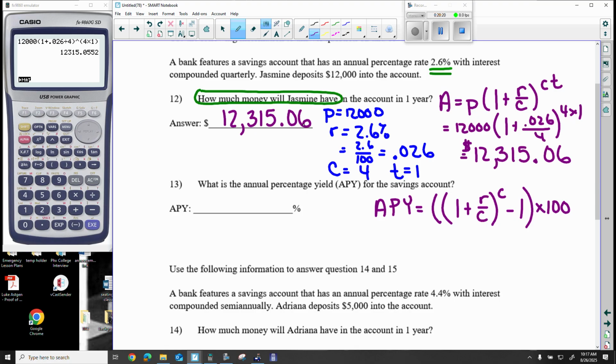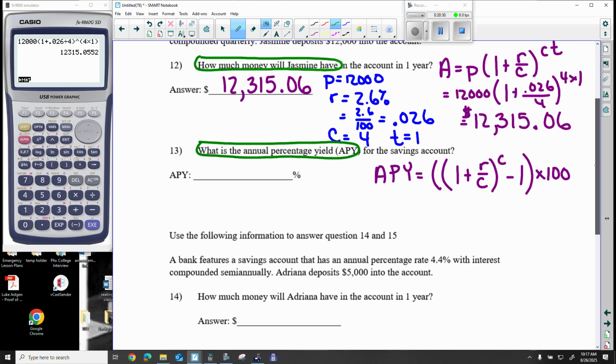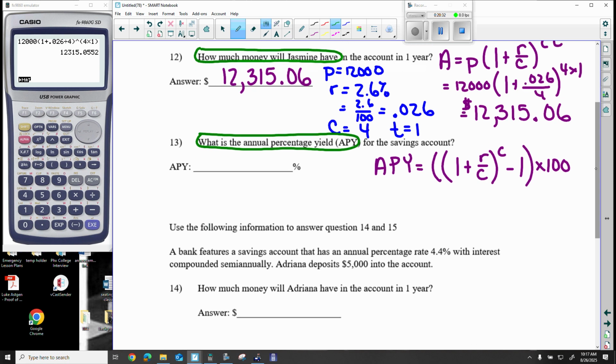All right, now the new question is, what is the annual percentage yield? All right, we've already picked out all the key aspects. All we have to do now is just answer the APY version of the question. So that is going to be double open 1 plus 0.26 quarterly minus 1 times 100.